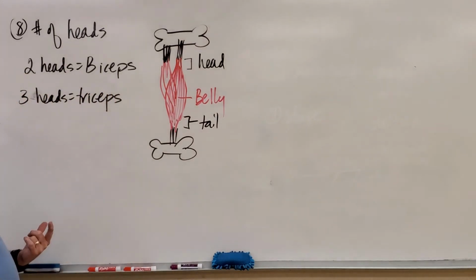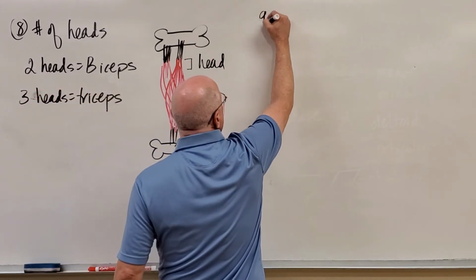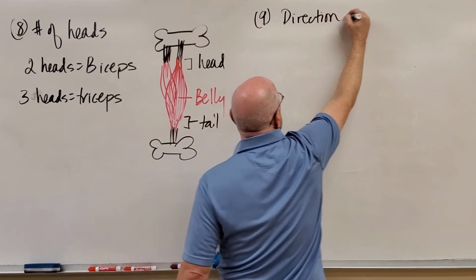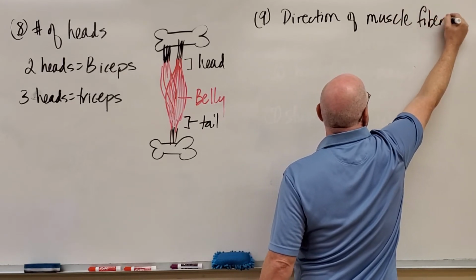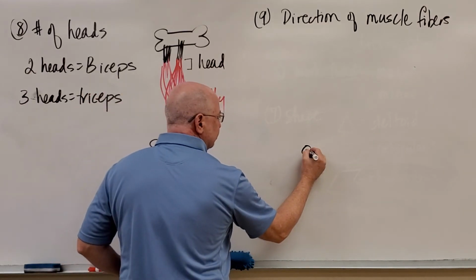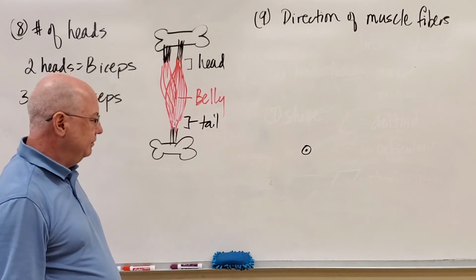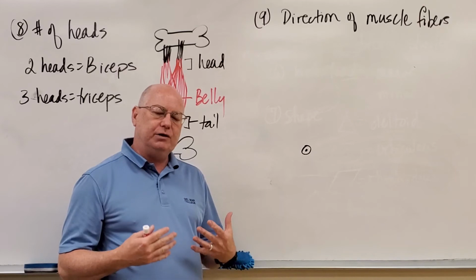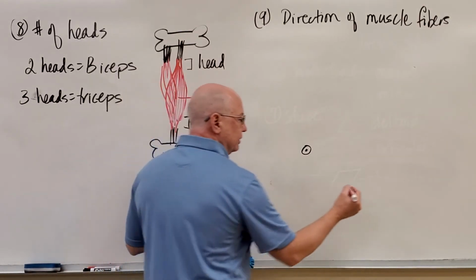Now, finally, I believe this is the last way that I want to show you that muscles are named. Muscles can be named based on the direction of muscle fibers. So, if I have a regular cell here, any cell in the human body, like a skin cell or something, when I look at muscle cells, they are unique in a number of ways, and one way is their size, especially when it comes to skeletal muscle cells.